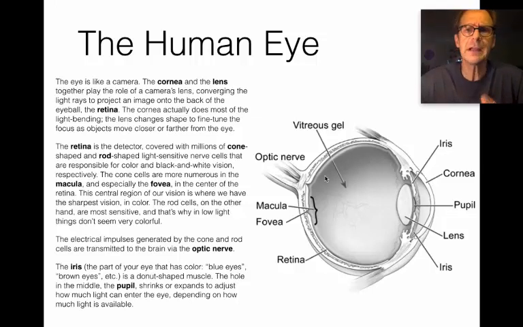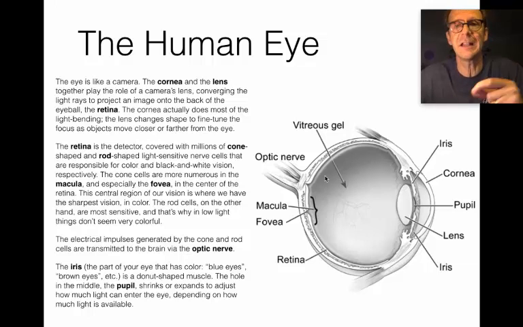So we have 3 kinds of cone cells that allow us to perceive colors, and then there are also cells that are rod-shaped that respond to all the colors of light. They're more light sensitive. But they don't distinguish colors.